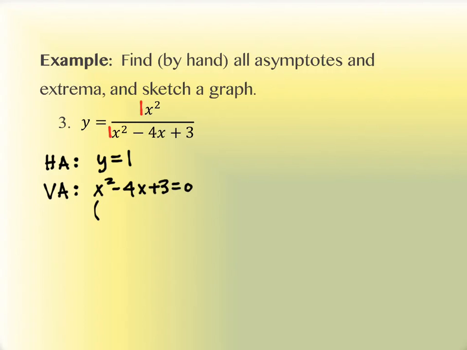This one's pretty and nice enough that it actually factors. So somebody help me out. What does this factor into? X minus 3 and x minus 1. Good. So what does x equal? 3 and 1. And those are 2 of my asymptotes now, the 2 vertical ones that I have. And I'm not going to have a slant one. So the first directions, which said find all asymptotes by hand, we did that. So we can check that off the to-do list.